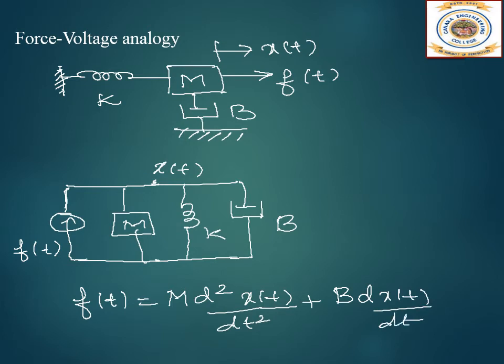Since it is connected between the reference and one node, it will be only dx of t by dt. Other end is fixed here. This is the reference. Plus k into x of t. This is due to the spring. So this is the expression we have got for the mechanical network.